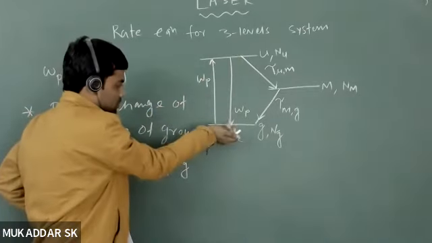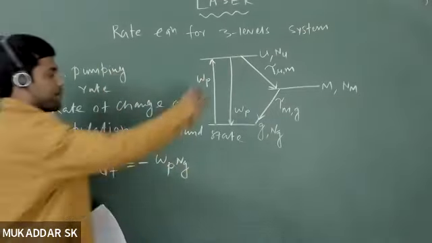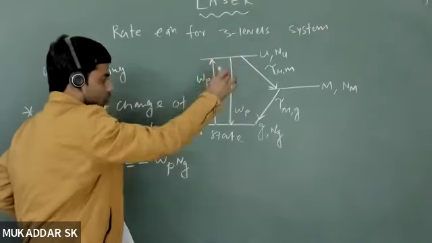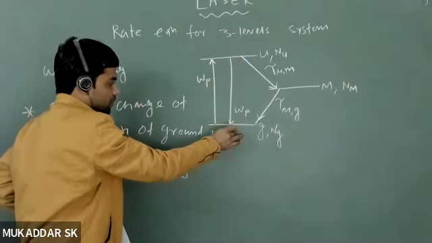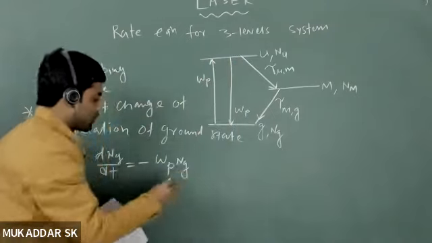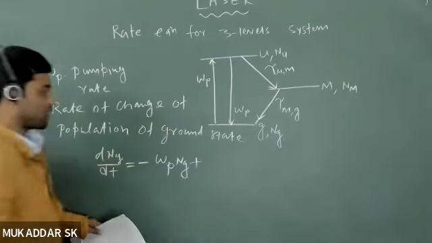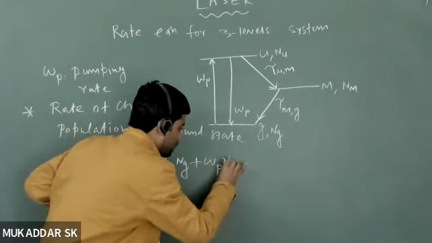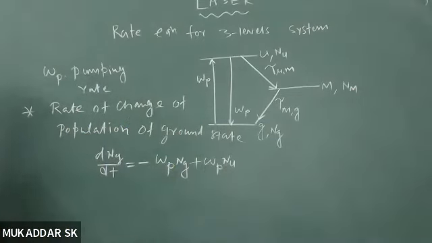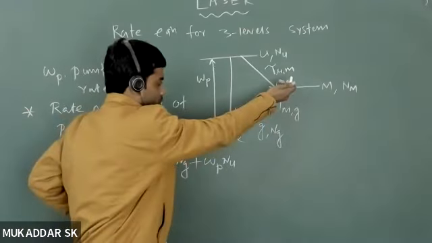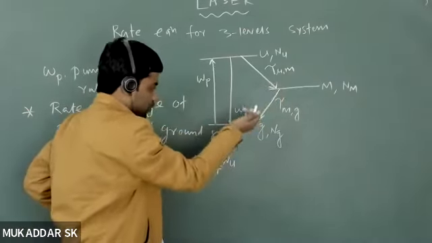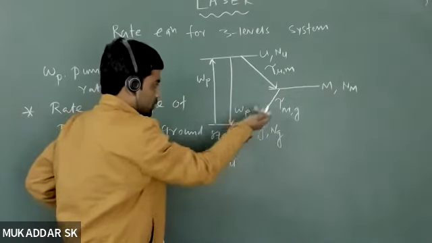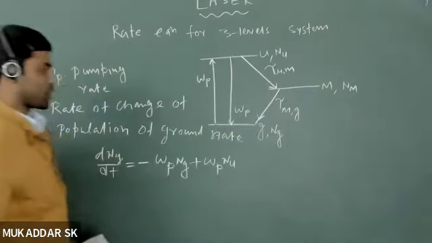The process from upper to ground state will increase that population, so I'll use the plus symbol. At what rate? That will be WP into Nu, as we discussed yesterday. Also, the decay from metastable state to ground state again will increase the population of the ground state.